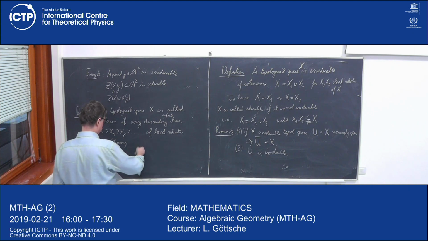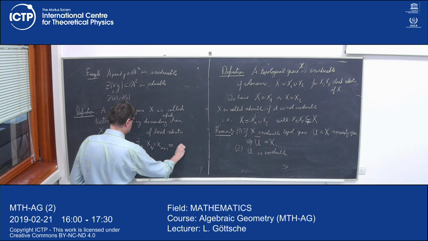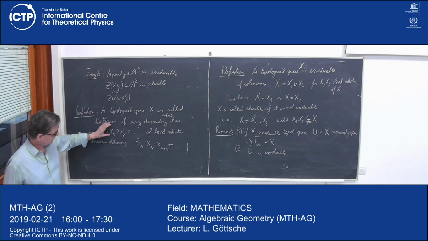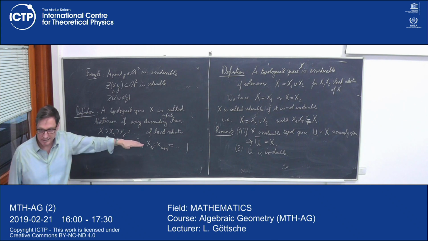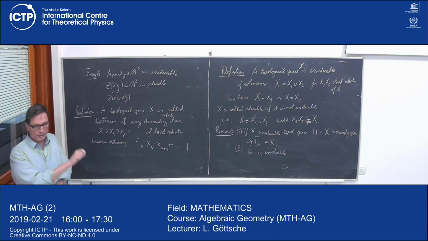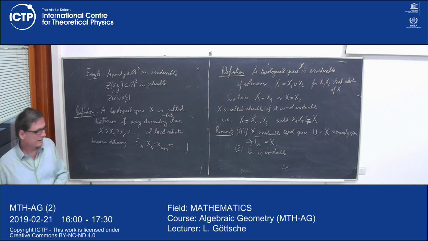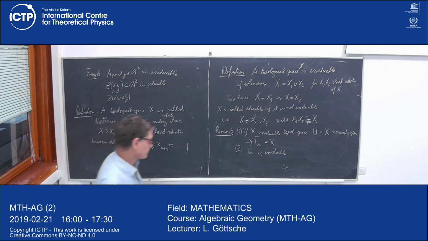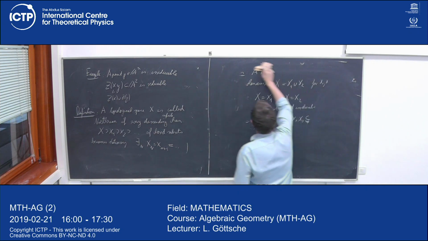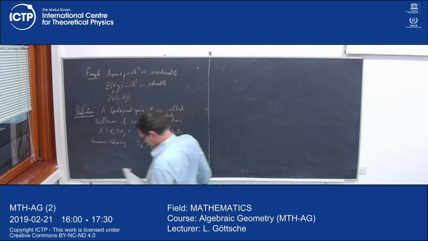That means there exists an n such that Xn is equal to Xn+1. From a certain point onwards, if we have closed subsets of X which become smaller and smaller, this cannot happen infinitely many times. After finitely many steps, they must be all the same. So you cannot infinitely many times take away something from a closed subset. Obviously, if you take the real numbers with the standard topology, that's certainly not Noetherian. But now we have to see that the Zariski topology is Noetherian.